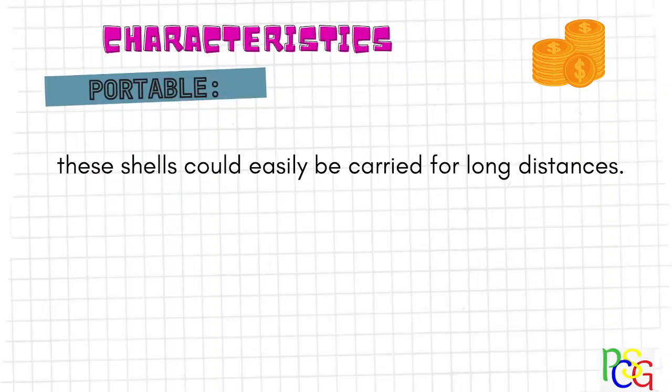Another characteristic of these shells that made them take on the role of money was that they were portable. They could be easily carried for long distances. So in the case of barter, let's say you had a cow and you wanted a sheep, and you had to carry that whole cow on your back or whatever the case may be, to meet the person with the sheep, that is too heavy, that is not portable, that is unrealistic.